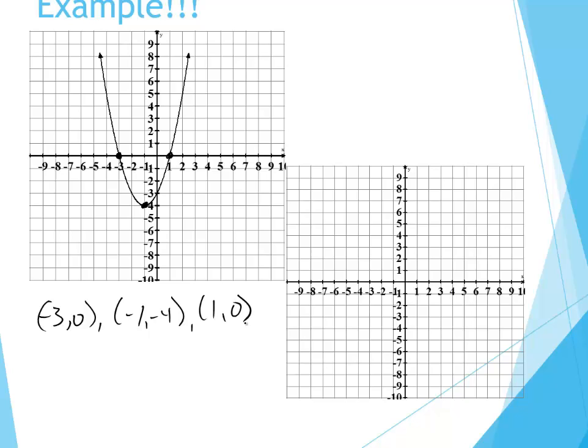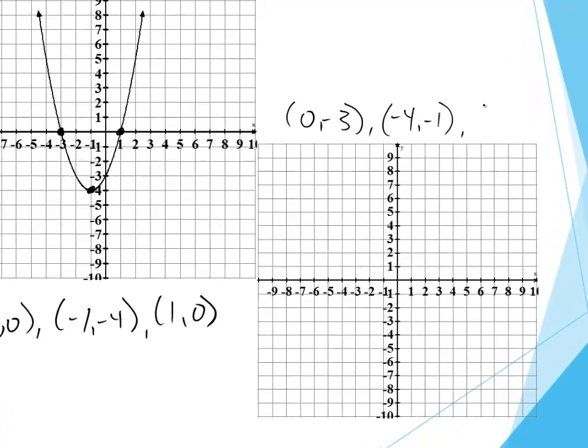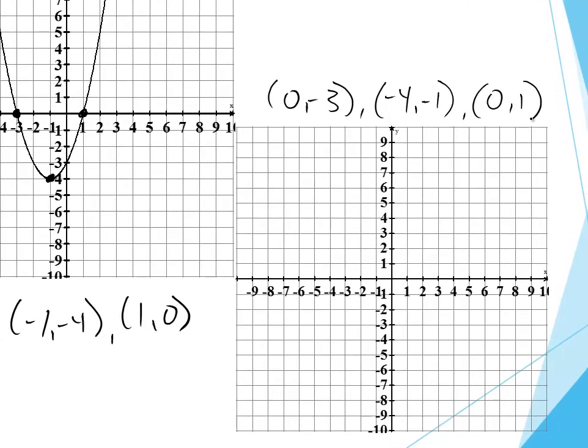And now we're going to switch x and y. So we're going to have (0, -3), (-4, -1), (0, 1). And so now plot those, (0, -3), (-4, -1), and then (0, 1). And there you go. There's your inverse right there.